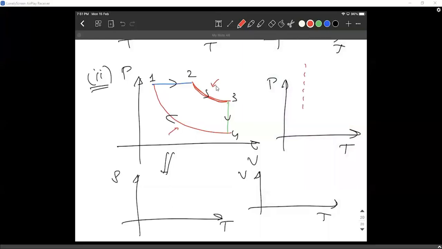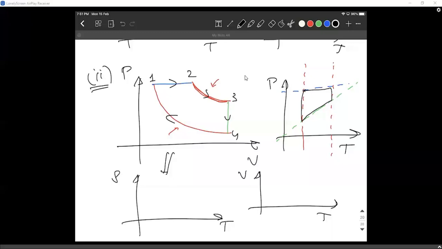And there is an isobar, a constant pressure line, and a constant volume line. The constant volume line must look like this. So the graph must fit in between these lines. This is how you convert the graph. I hope you're understanding that.